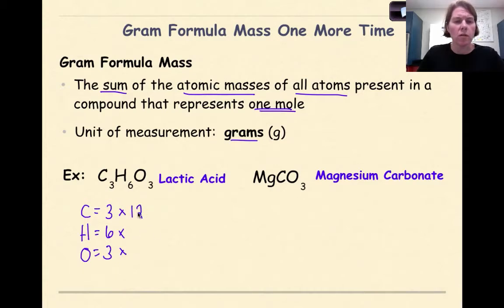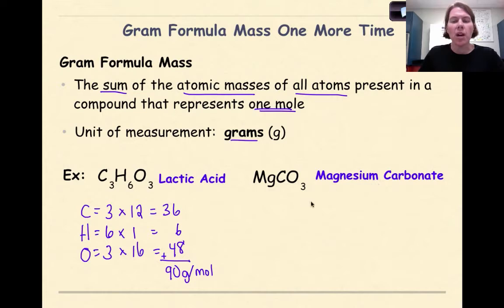So 12, 1, and 16. 3 times 12 is 36. 6 times 1 is 6, and 3 times 16 is 48. If I add these all together, I get 90 grams per 1 mole.